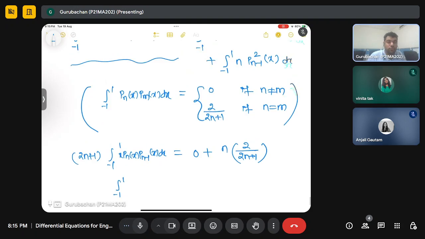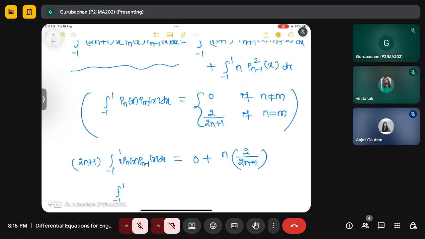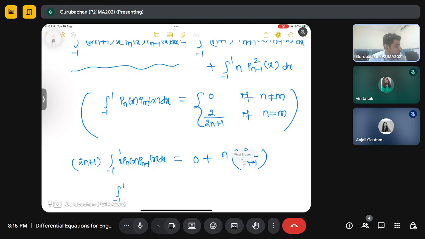Try this one. Here it was Pn minus 1, so it will be 2 times (n minus 1) plus 1. So this will give you the integral of x Pn(x) Pn minus 1(x) dx.